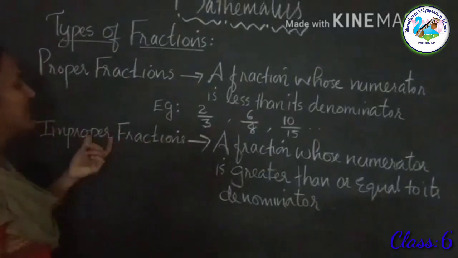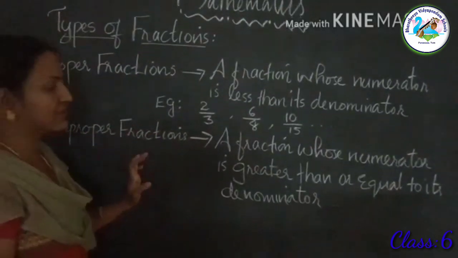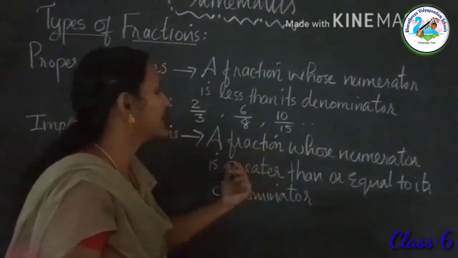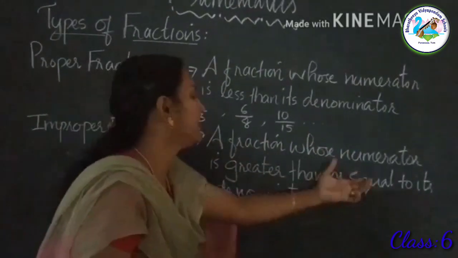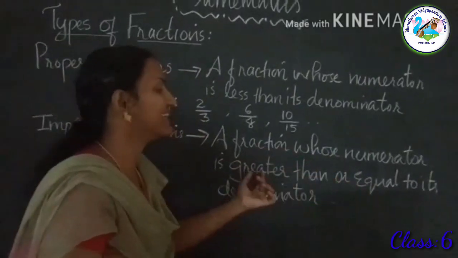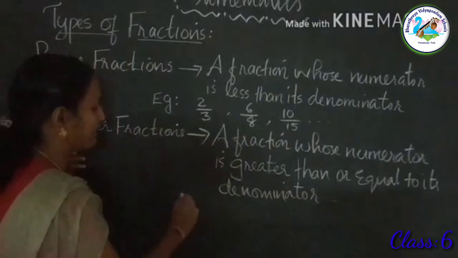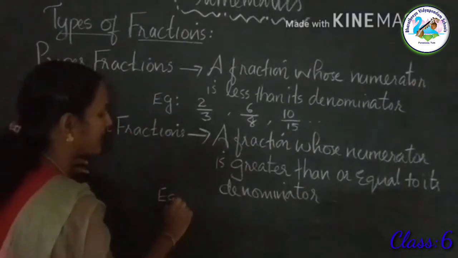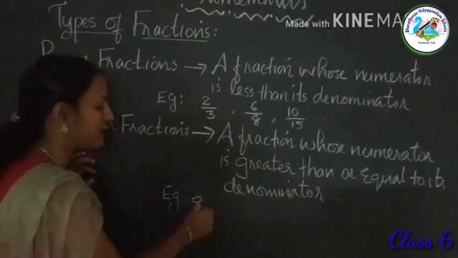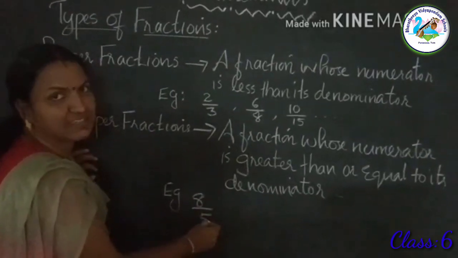The second one, improper fractions. An improper fraction means a fraction whose numerator is greater than or equal to its denominator. For example, 8 by 5. Here the numerator is 8 and the denominator is 5.